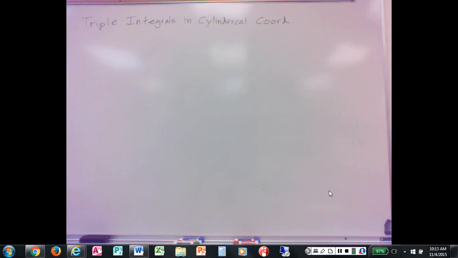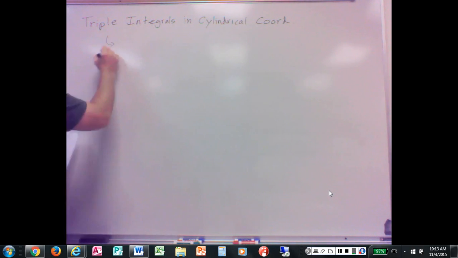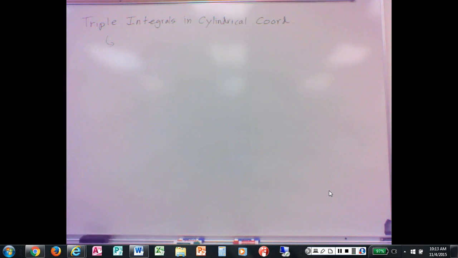Now, for the triple integrals, to throw that into the mix here, what it turns out these are helpful with are triple integrals. Where do we want to use cylindrical coordinates?